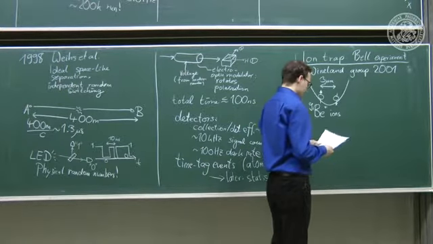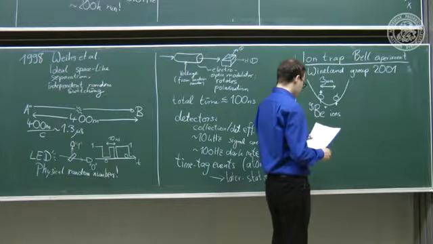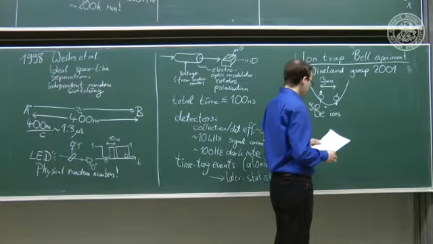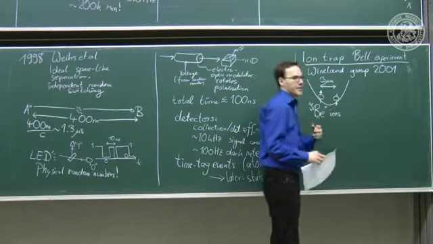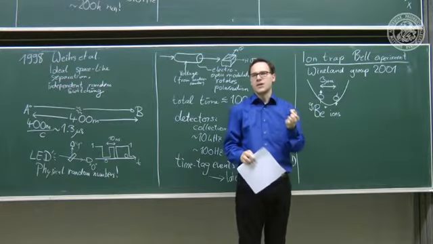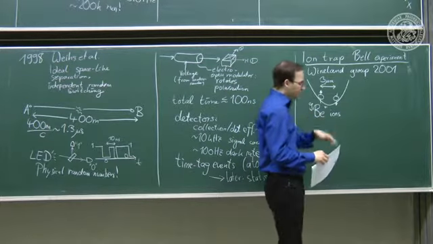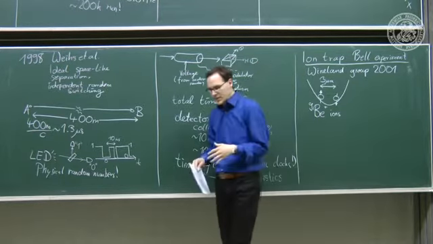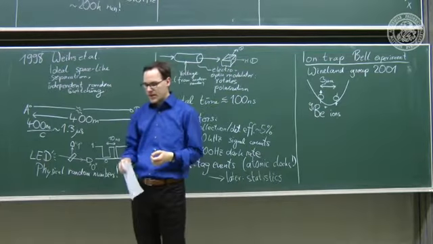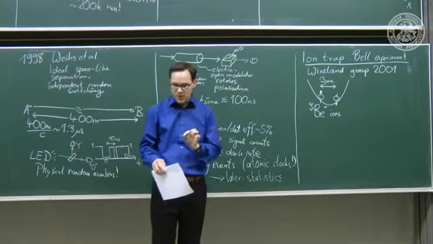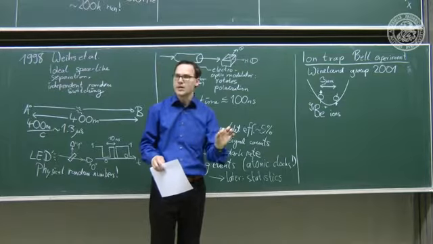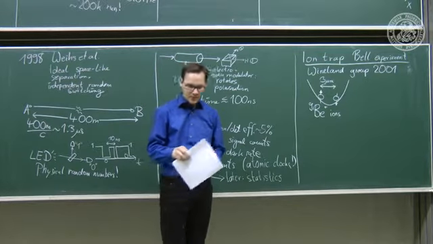Okay, now let me first draw the level scheme. What does it mean if I draw up or down for these ions? And it turns out that even if you look into the electronic ground state, so to speak, of the ion, if you look very closely, there's a number of different levels.